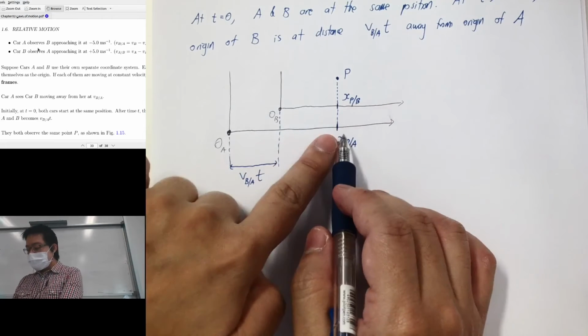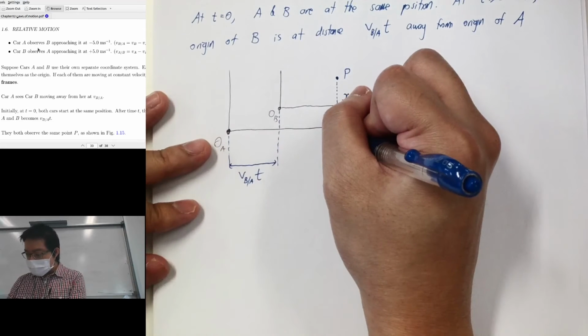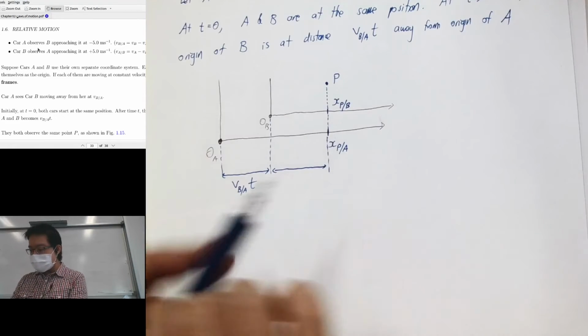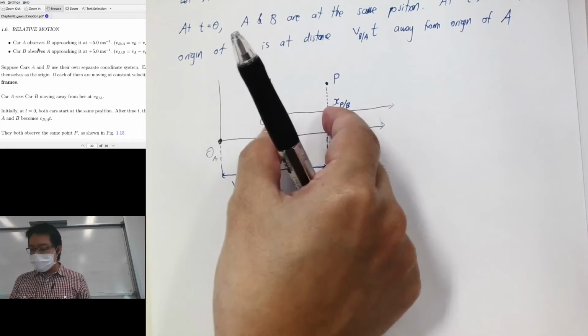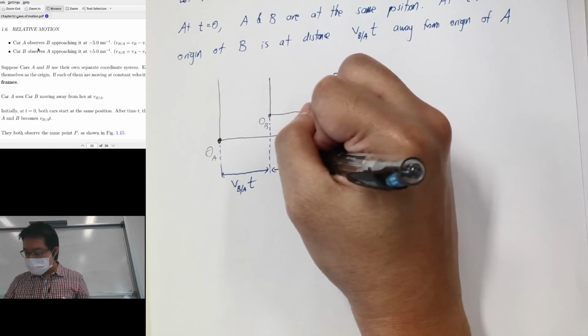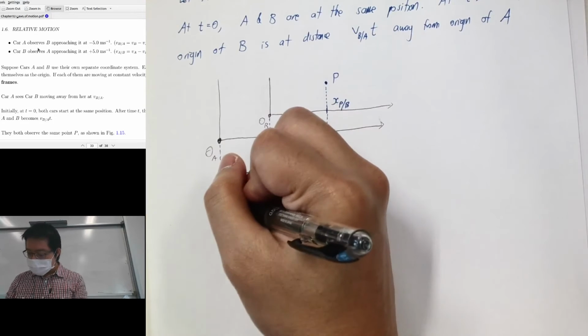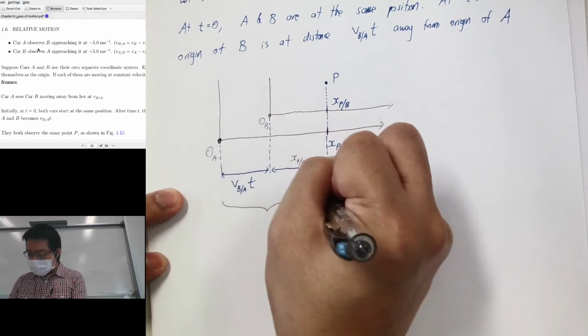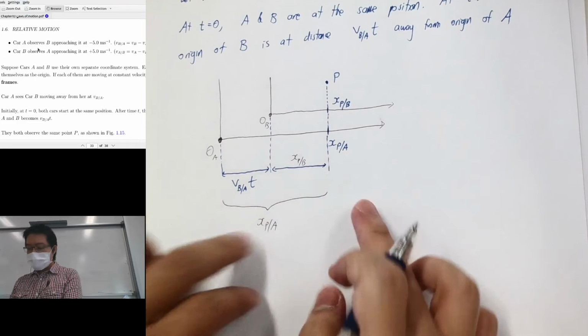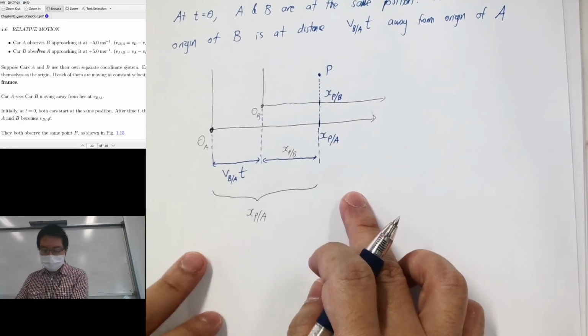What is this distance? This length is the same as this length, so it's xpb. And this full length is xpa. That means we can get the relation between the two.